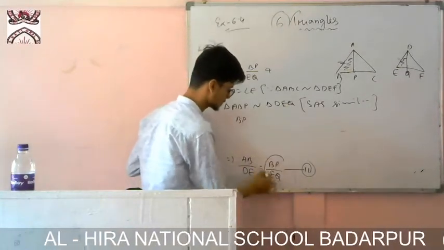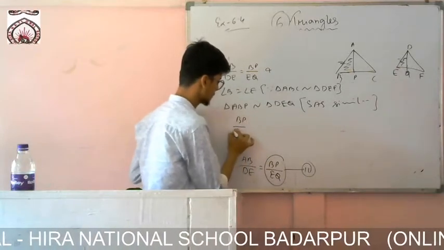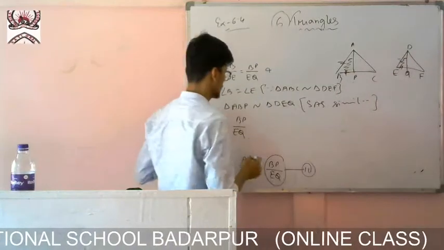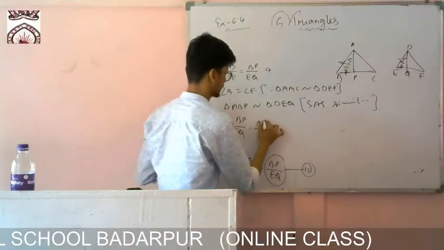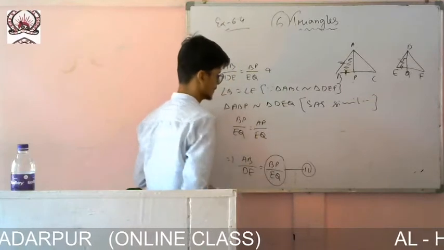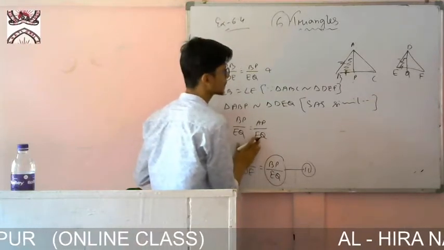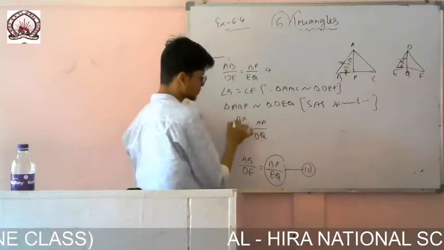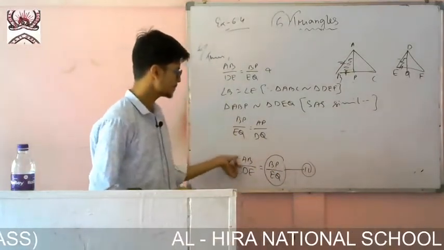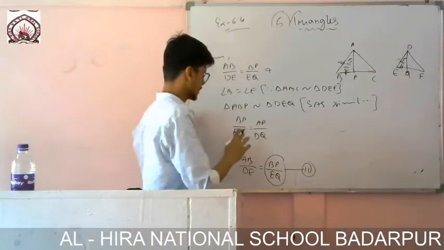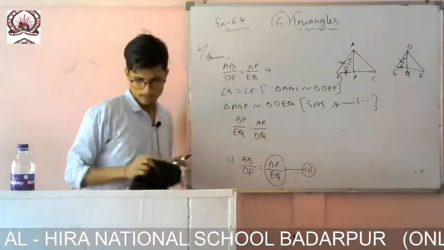Because I can relate this one and this one. I can write AB by DE equals AP by DQ from this one.